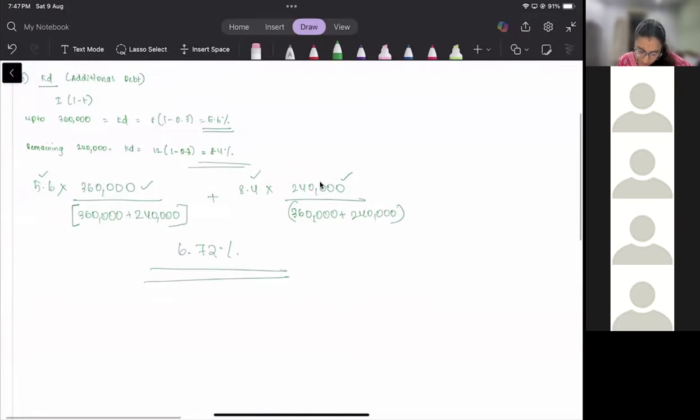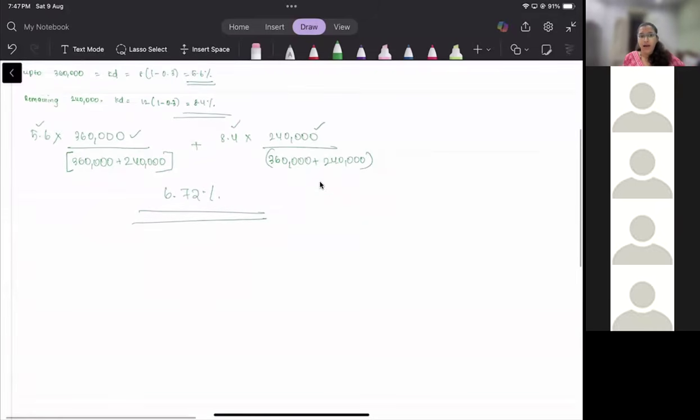So this is the cost of additional debt. Simple, right? What have we done? We have used the KD formula, I into 1 minus T. We have found the cost of debt for up to 3,60,000 and beyond 3,60,000. And then we have just taken the weighted average cost of debt. Clear? So that is about B part.